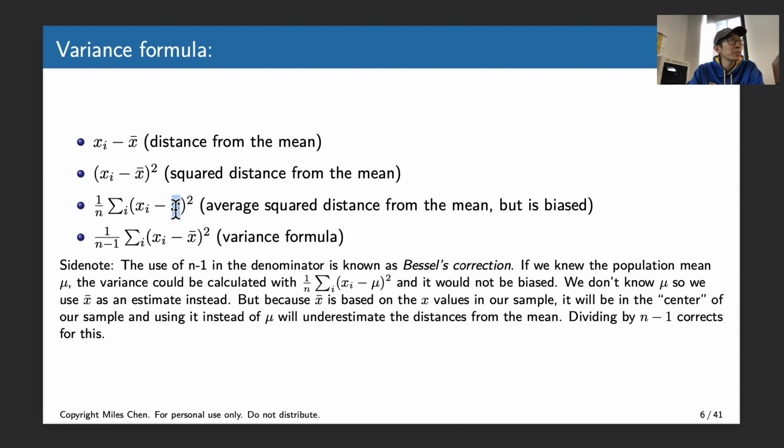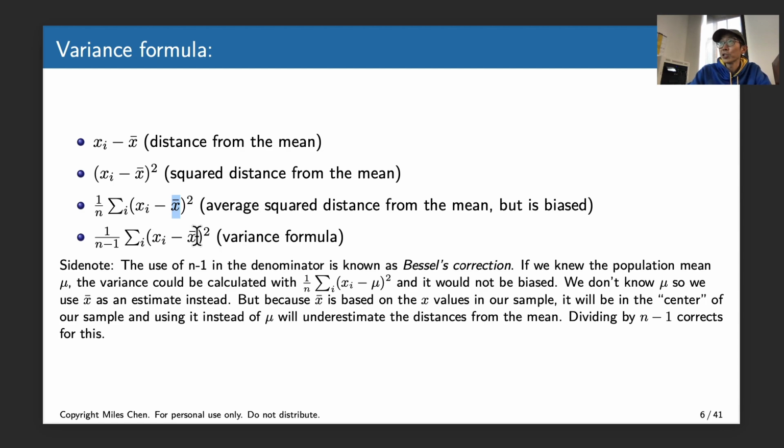If we knew the population mean is, say, 10, and I plug that in, then this formula would be correct. Some stats textbooks will say if you're dealing with the population, you just do x minus mu and you divide. So if we had the population mean mu, we could plug that in, and this would be the correct formula.